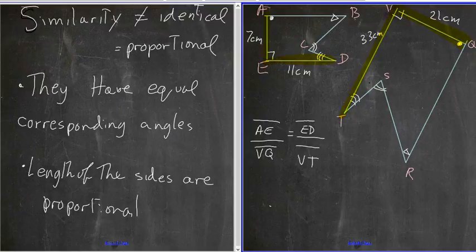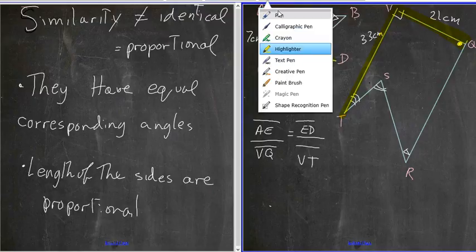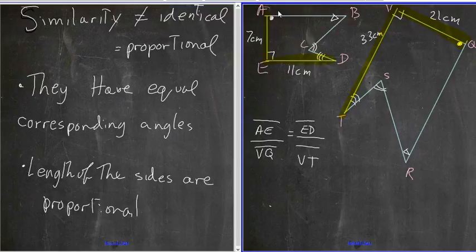So if I was to take the larger of these two shapes and rotate it so that it lines up properly, the important thing here is remember corresponding angles. So what this states is 7 over 21 equals 11 over 33.